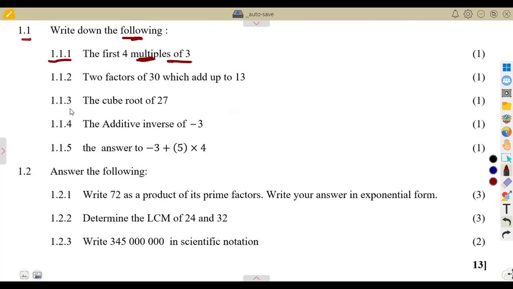If you are multiplying, 3 must be there. So multiples, this is how you simply get the multiples. You just start by that number. If you've forgotten multiples, you just start by that number, which is 3. So it's just 3 times 1, 3 times 2, 3 times 3, 3 times 4. These are multiples of 3.